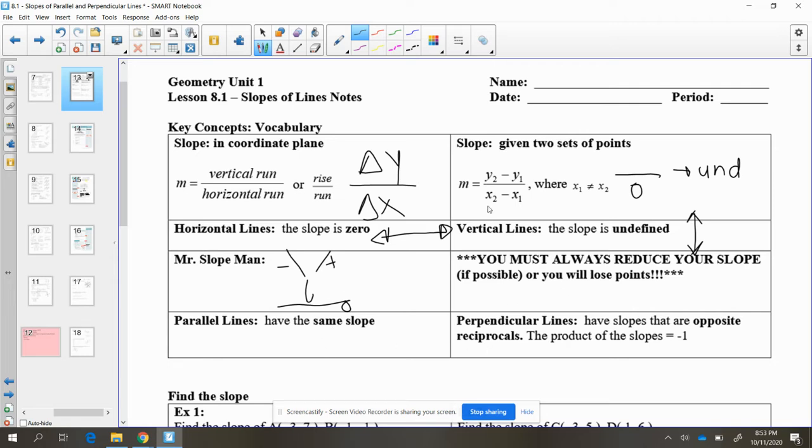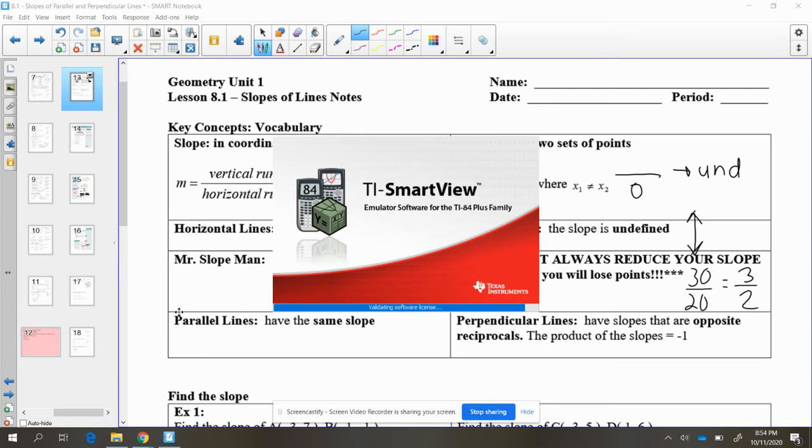Now, when you have your slope formula, you always want to make sure you reduce it as much as possible. Otherwise, you might lose points. So let's say your slope, you rose 30 and you ran 20. Well, you'd want to make sure you reduce this to be 3 over 2. And on your calculators, if you have a graphing calculator especially, but even if you just have a smaller calculator, one way you can do this is by hitting the math fraction button.